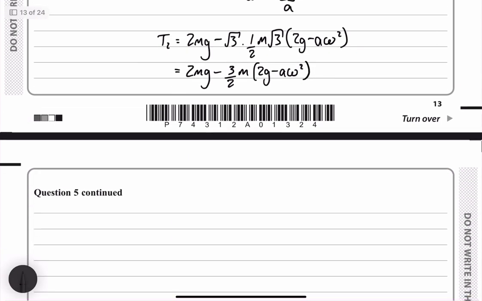And this thing must also be greater than 0 if both strings are taut.